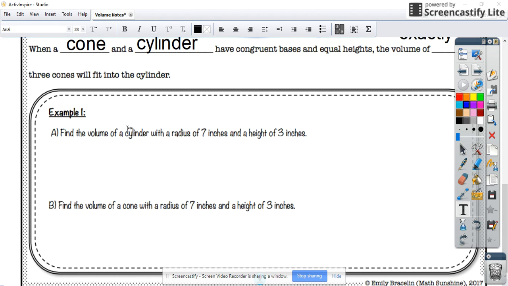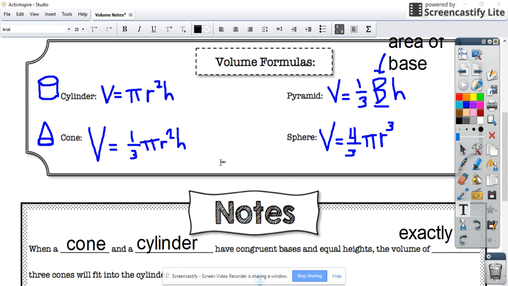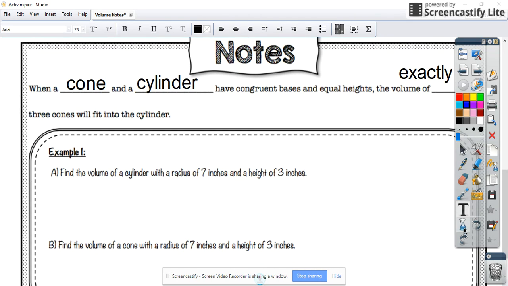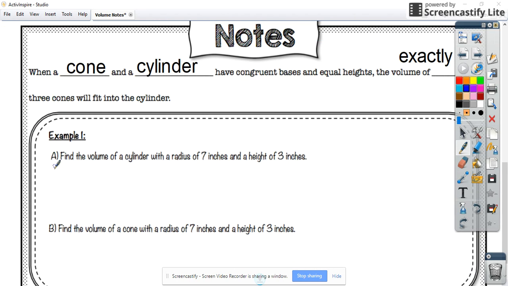This says, find the volume of a cylinder with a radius of 7 inches and a height of 3 inches. So let's go back up to the volume of a cylinder formula. It's right here, pi r squared times h. Volume equals pi r squared times h.